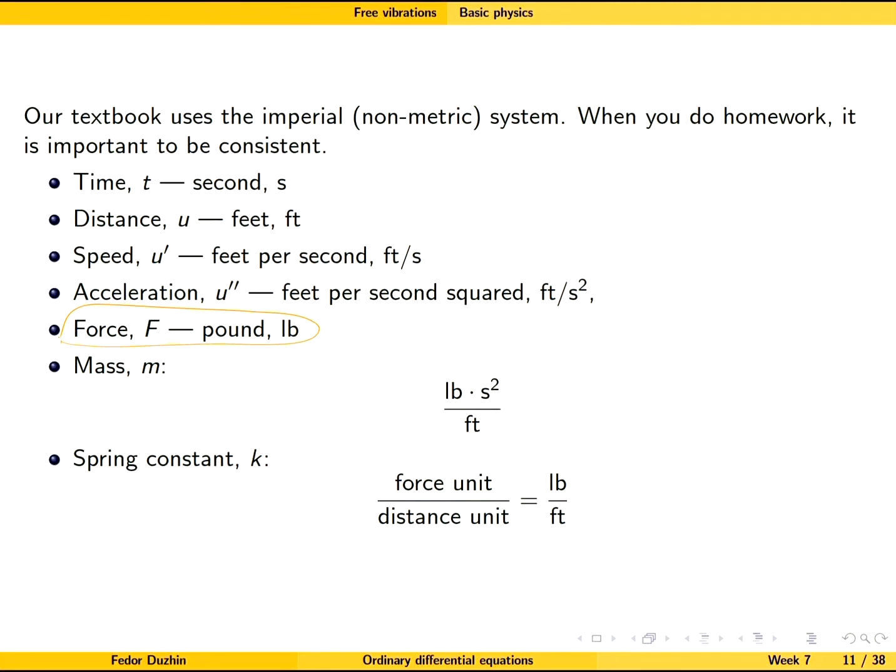So it means that mass in the imperial system is measured in strange units: pounds times seconds squared over feet. Please, when you solve questions from the textbook, be aware that force is measured in pounds rather than mass. So mass is measured in kilograms, force is measured in pounds.